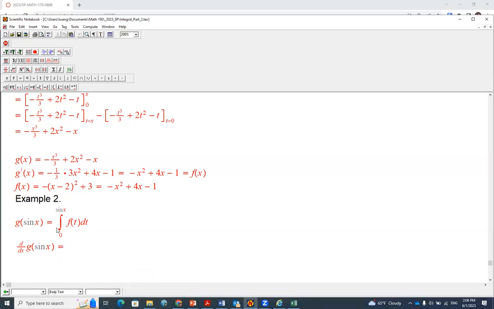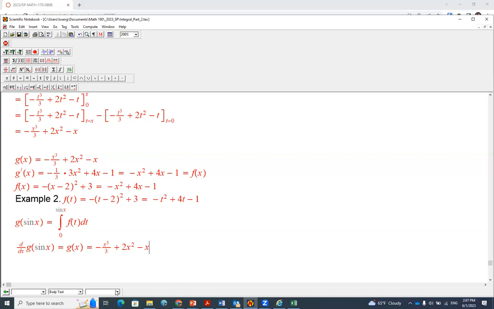First of all, you will see this function. Let's go back there. We still use the same f of t. No problem. And because we know the antiderivative, we already know what G is.